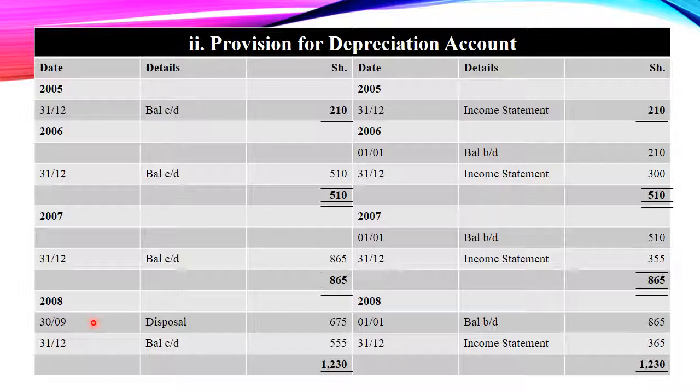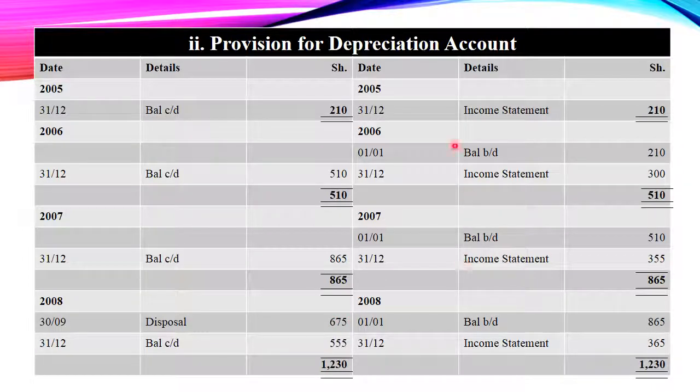That is 540, plus the depreciation that it accumulated for the 9 months it was in use in 2008, which was 135. So when you add 135 and 540, you have a total depreciation of 675. That's the depreciation for the assets that we are disposing of.